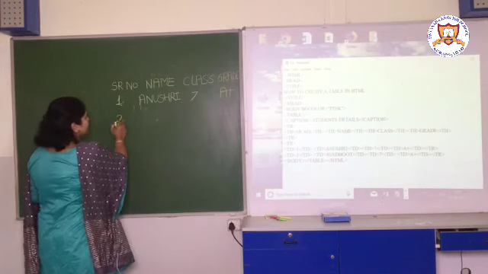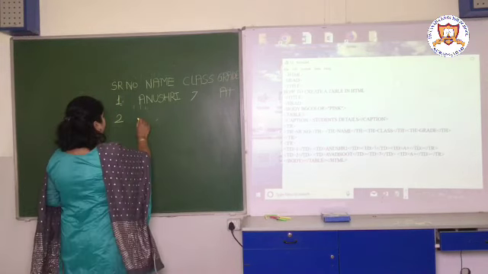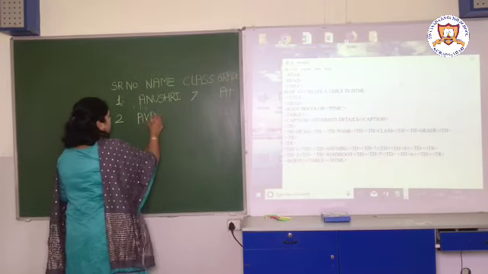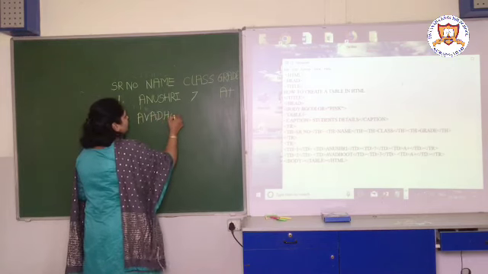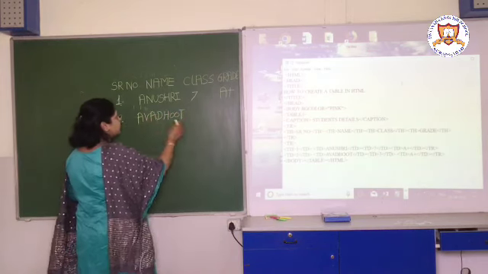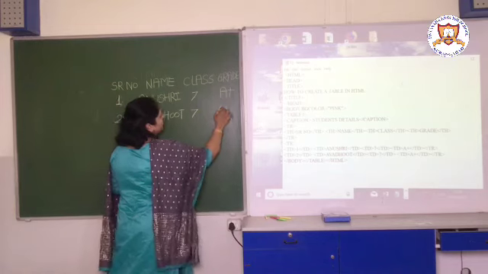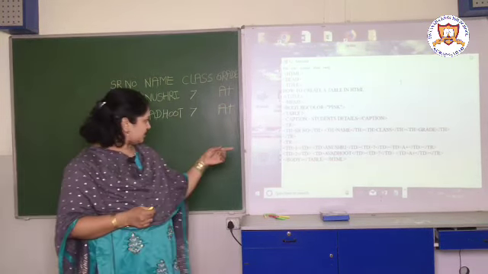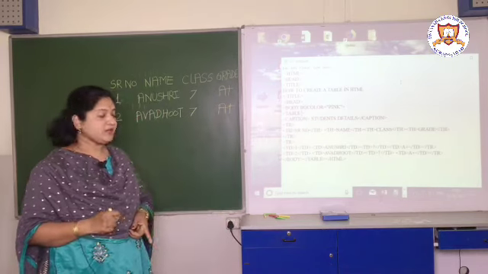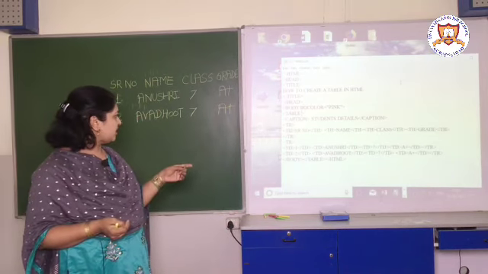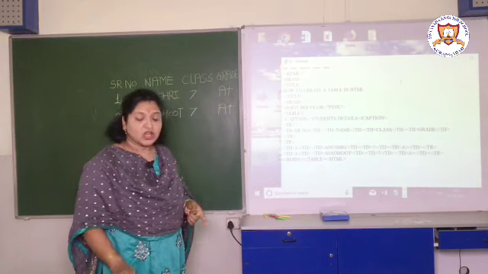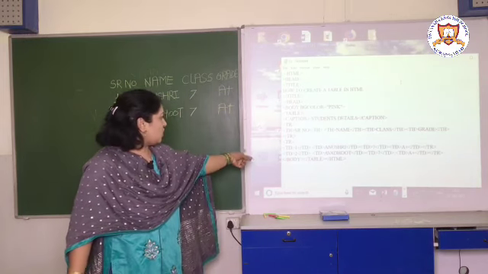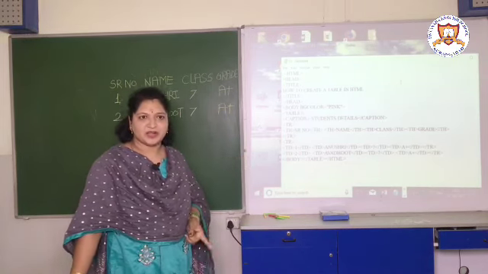After that, again tr is there. So here again I have written the name of the student as Avdut, and after that tr close means the row will be closed. Body tag is closed, but here don't commit the mistake of closing the body tag here.